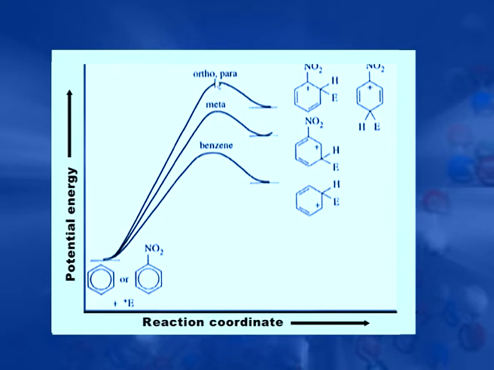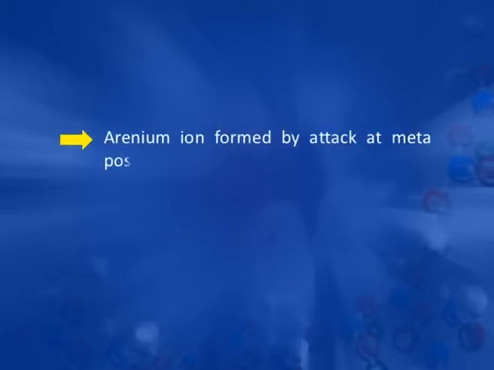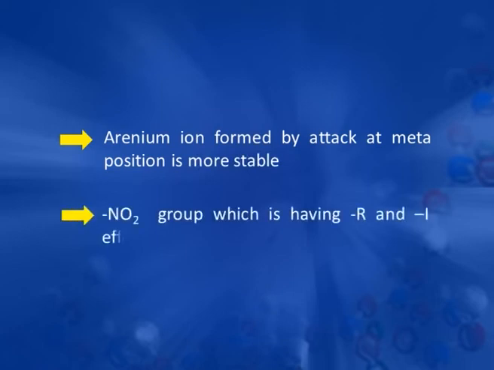The reason is again what we have discussed: in ortho and para the contribution towards resonance is less as compared to meta. So, the meta intermediate arenium ion is more stable as compared to ortho and para. So, we can say the arenium ion formed by attack at the meta position is more stable. So, the nitro group, which has minus R and minus I effect, is a meta director.